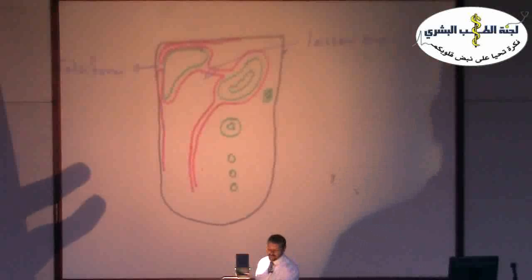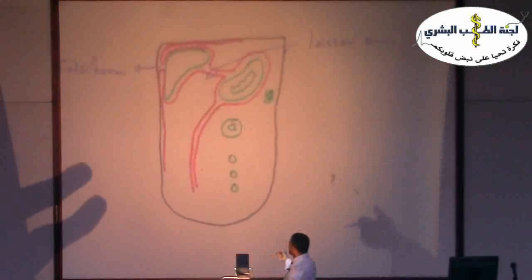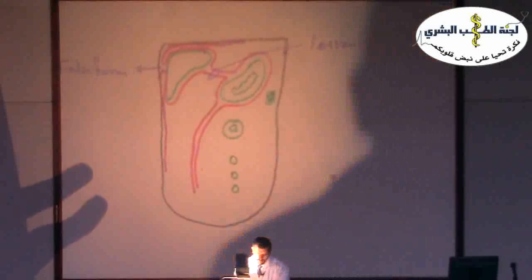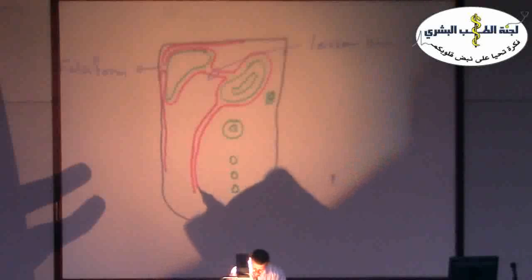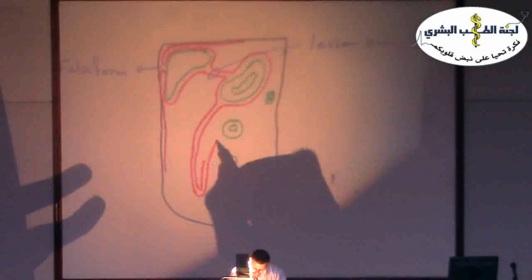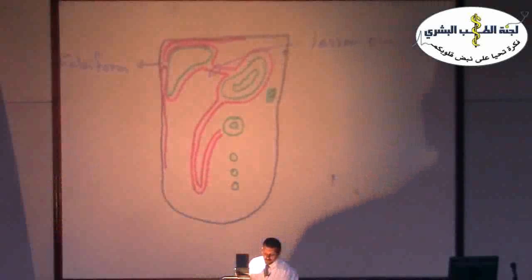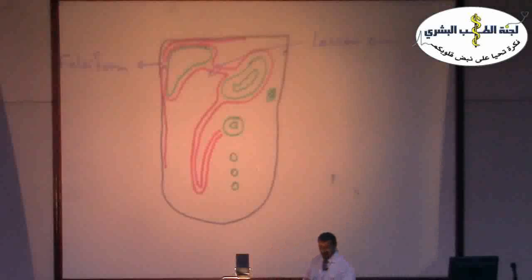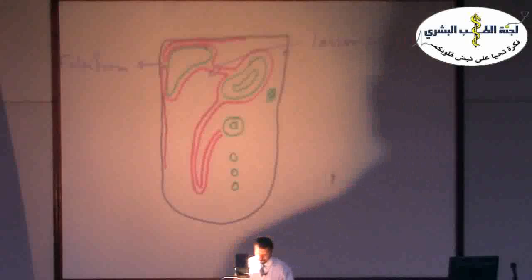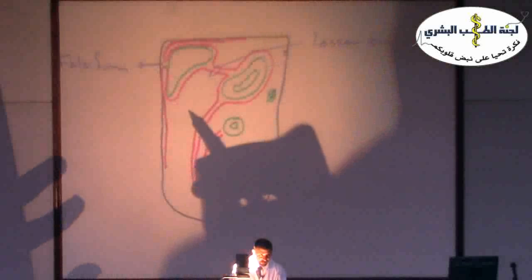However, what's happening here is this layer of peritoneum, instead of going down, will reflect up again, directly back towards the transverse colon. So this part of the greater omentum between the stomach and the colon is actually 4 layers of peritoneum. Remember, this is the peritoneal cavity.